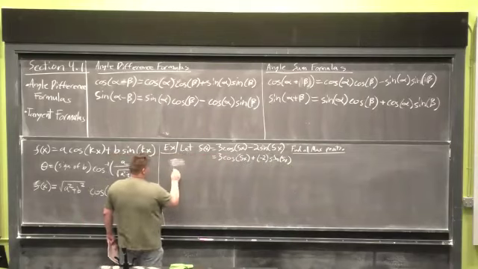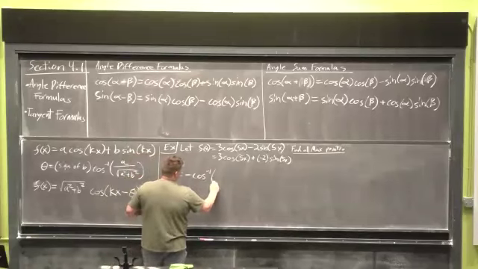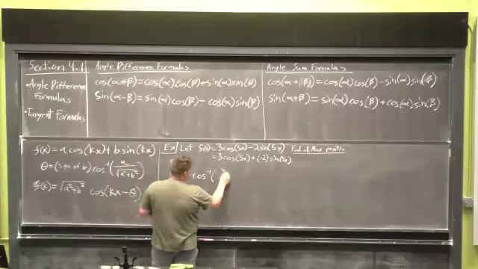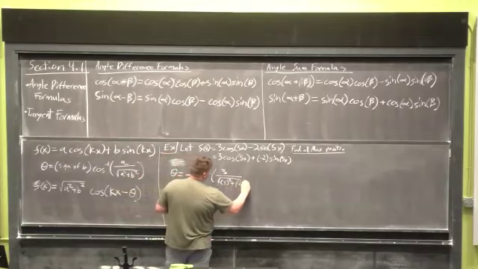So we're going to have theta is equal to negative cosine inverse of our a, which is 3, over the square root of our a, which is 3 squared, plus our b, which is negative 2 squared.